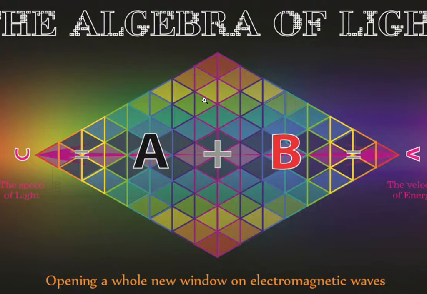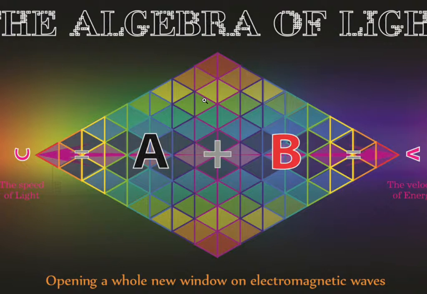Of course, we can show that the geometry is the foundation, and in this simple diagram we simply show that a positive charge A plus a negative charge B, the two fields combine to give us a neutral photon, and the velocity of that field is equivalent to the velocity of the energy, which is equivalent to the speed of light.